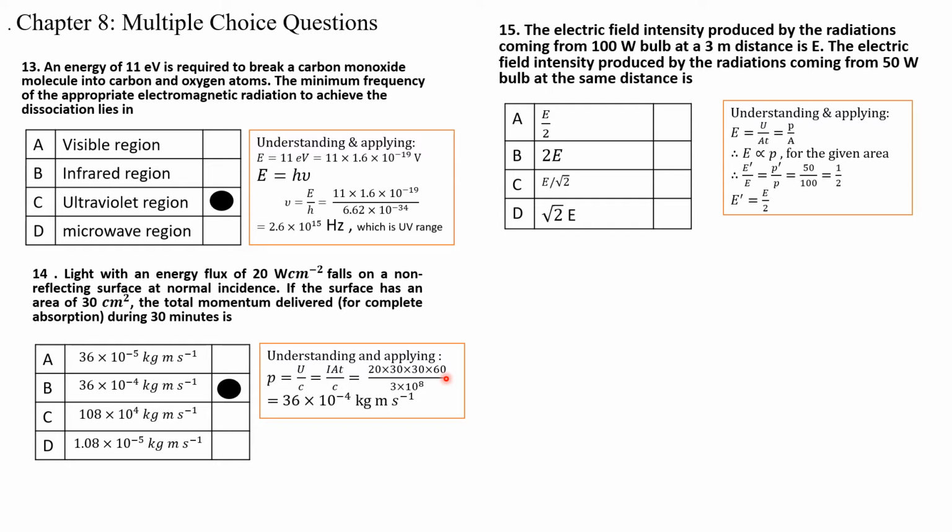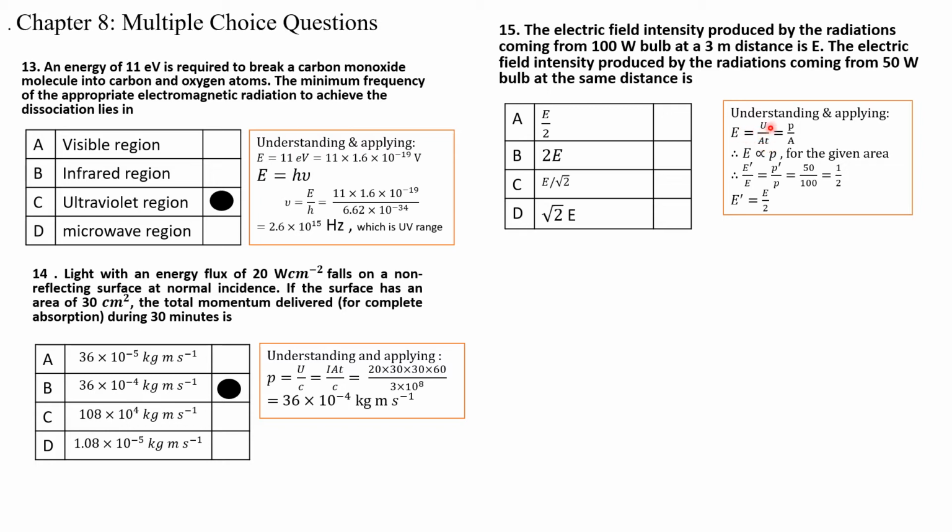Question number 15. The electric field intensity produced by radiations coming from a 100-watt bulb at a 3-meter distance is E. The electric field intensity produced by the radiations coming from a 50-watt bulb at the same distance is, again we have to find. The options given are E by 2, 2E, E by root 2 and root 2E. So we have to use the same formula which we used previously.